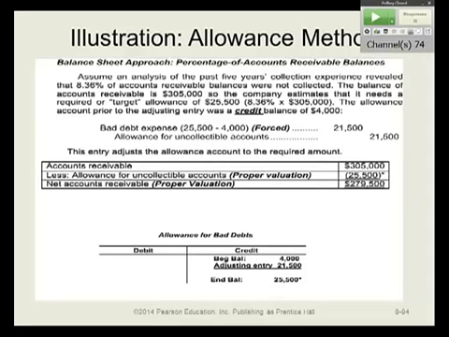So that's an important point, that a write-off under the allowance method does not change the net realizable value. It was 279.5 before the write-off, and it is now 279.5 after the write-off.